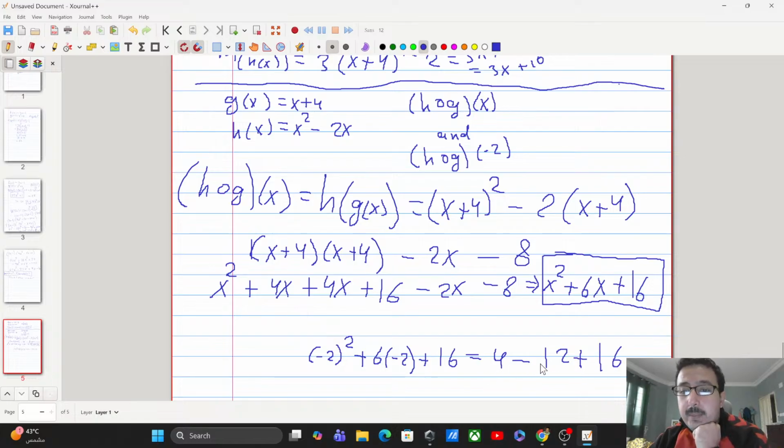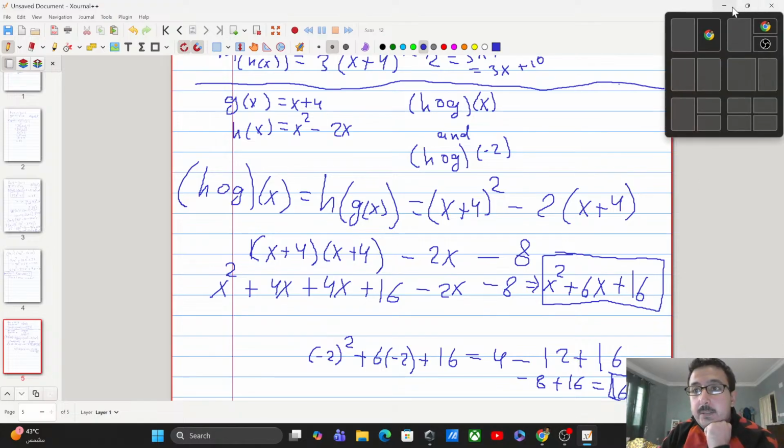So 4 minus 12 is minus 8, minus 8 plus 16 is equal to 16. So it's the answer to the second part.